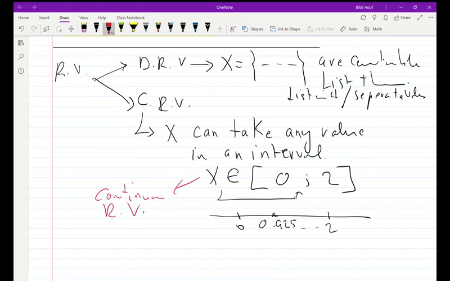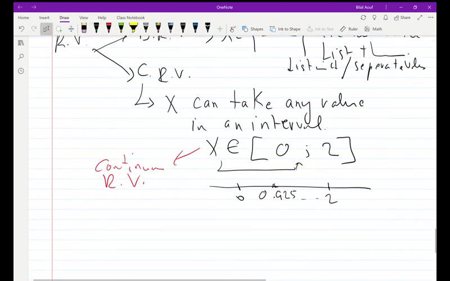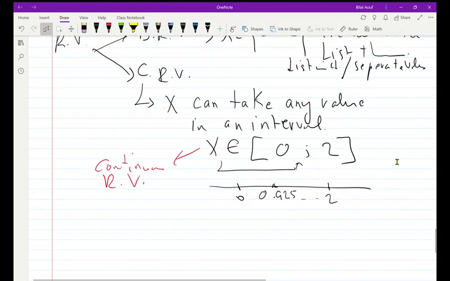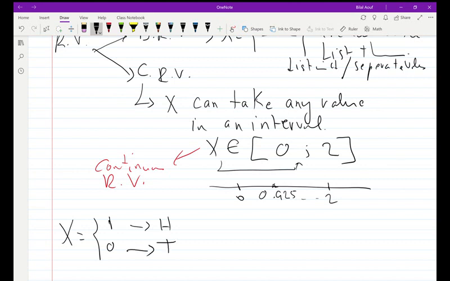Whereas x, if it's discrete, for example, x equal 1 if the result is head, 0 if the result is tail. This x comes from an experiment, for example, tossing a coin only once.